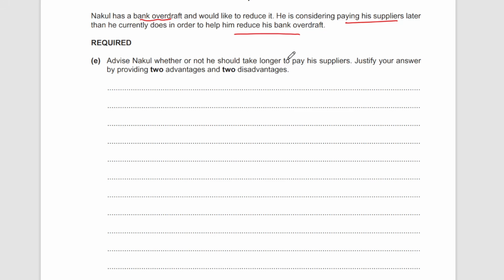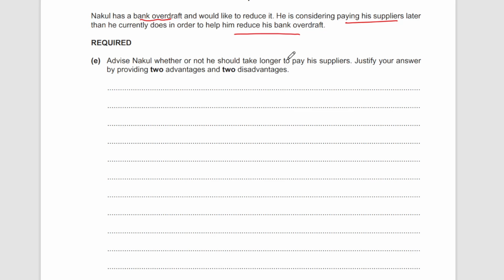Ultimately, I would say it's a bad idea. That would be my judgment, the ultimate judgment. It's a bad idea because clearly it is not a good idea. You're not going to pay your suppliers late and kill your relationships with them just because you have a bank overdraft. That just doesn't add up. That's not the right way to do it. So speaking of advantages first, let's get that out of the way.